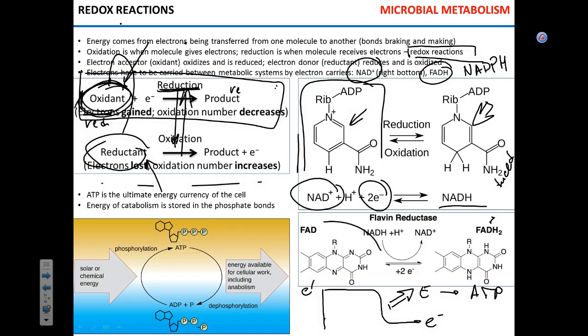If we look at FAD, another electron carrier, FAD is an oxidant that receives 2 electrons. It becomes reduced and forms FADH2, its reduced form. When the reduced form, FADH2, loses 2 electrons in the opposite reaction, it becomes FAD, the oxidized form.